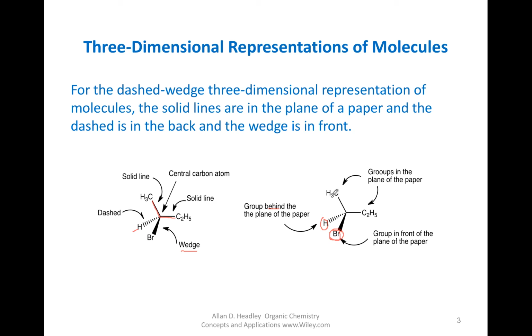And the line that's solid, that's in the plane, represents groups that are in the plane of the paper. So that is why this representation is called a dashed wedge. So be careful when you're drawing these structures.